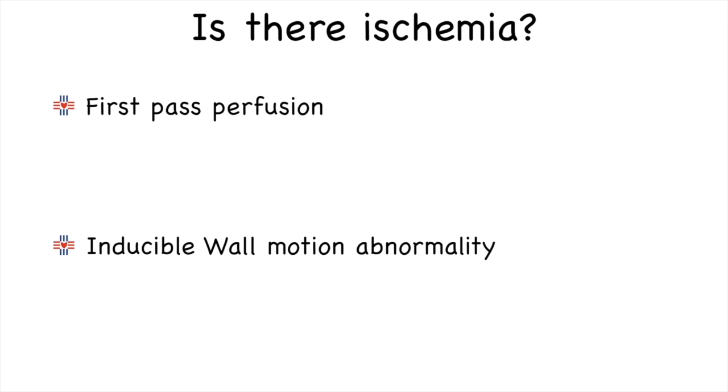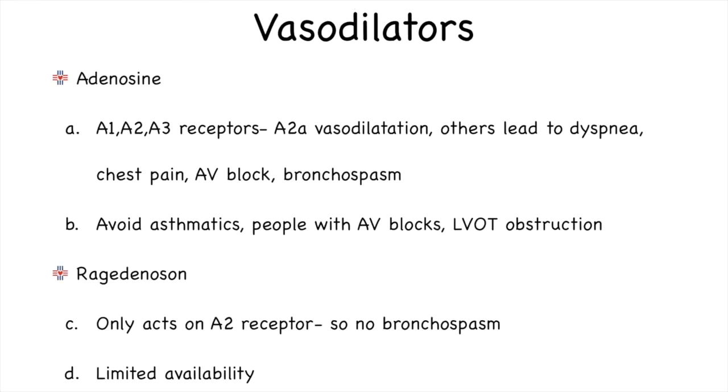As far as cardiac MR is concerned, ischemia can be tested by either first pass perfusion or wall motion abnormality. We use vasodilator stress. Adenosine is the most commonly used drug to induce vasodilatation.